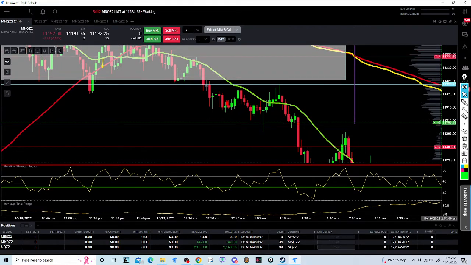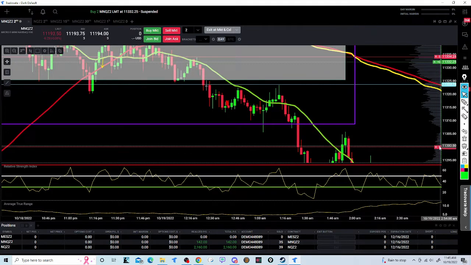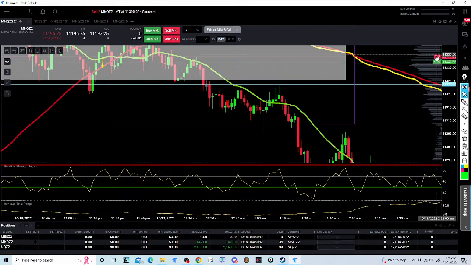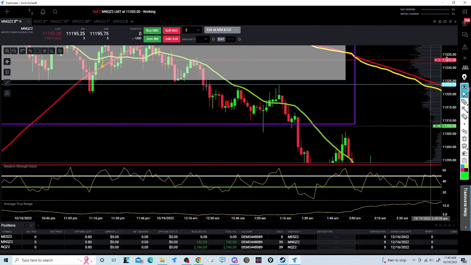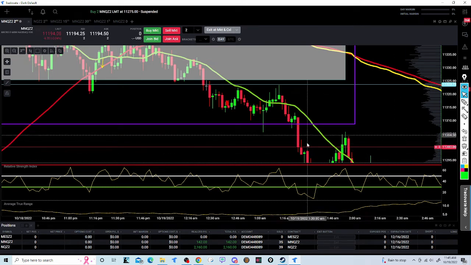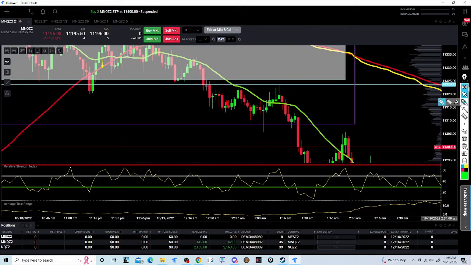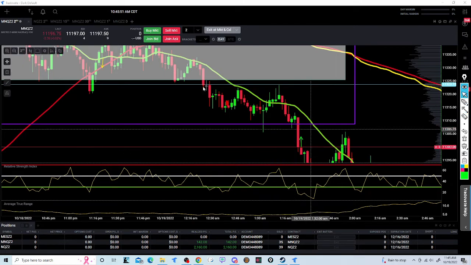You can have your order ready. You could come up here, set your order, and drag it right down to here. So when that candle closes, you could just drop your order, right? And the second it goes, if it doesn't pull back, you might miss the move. All right, so these are the three ways that you could play it.